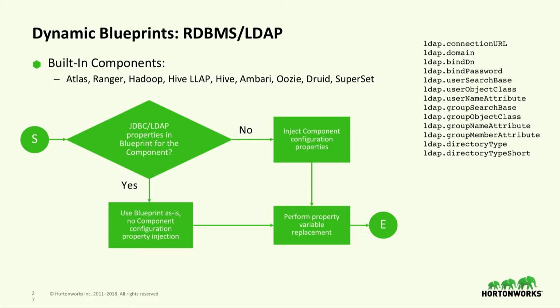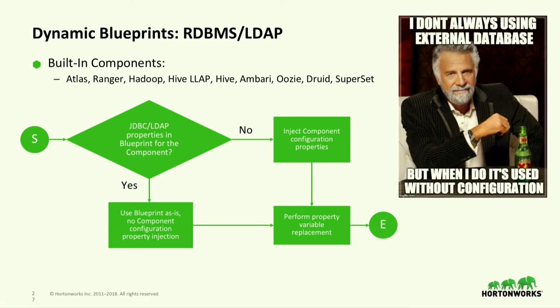And we obviously don't want to be smarter than the end user. So if the end user has already specified his configuration parameters, then we don't want to override those. But if not, then we will inject the parameters based on the previously defined resource. So this is to ease the usage of these kinds of components.